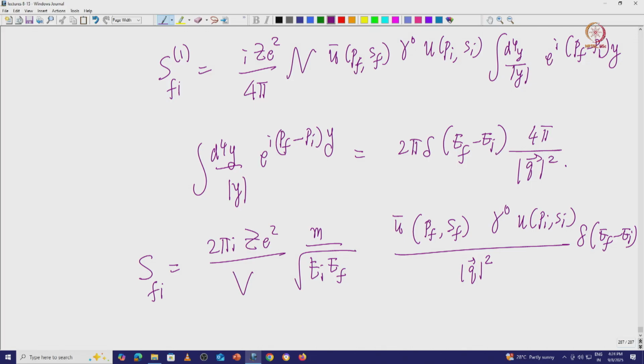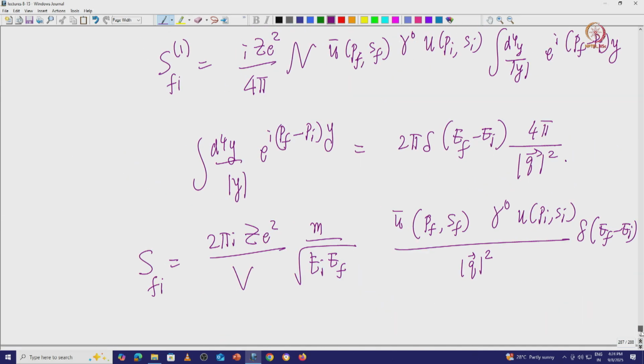I still get a propagator like 1 by q squared, and this gives me my differential formula.